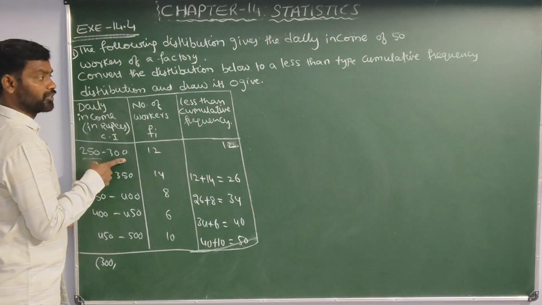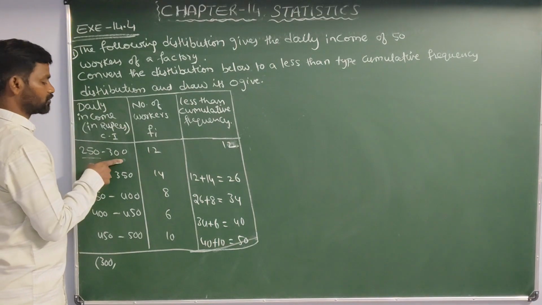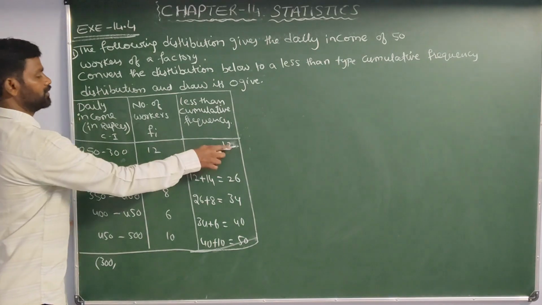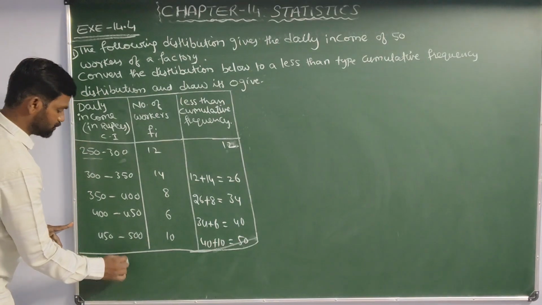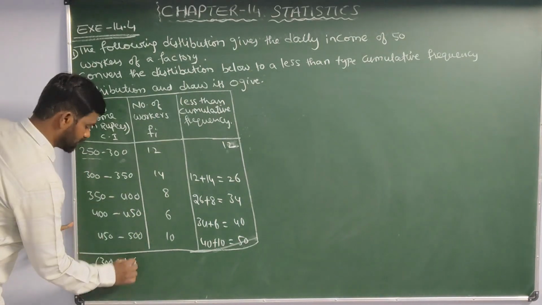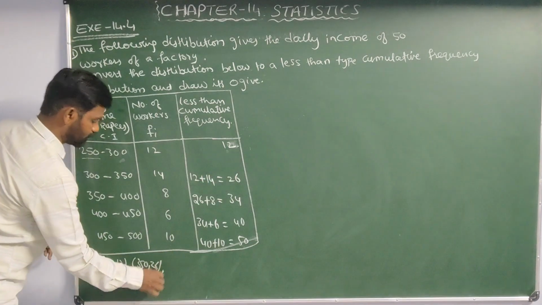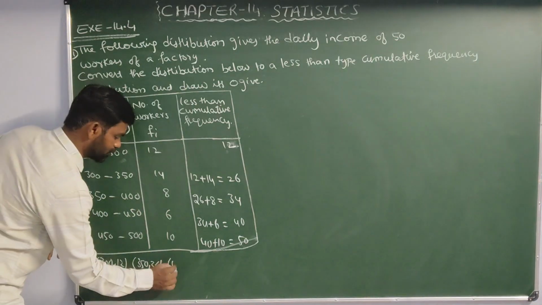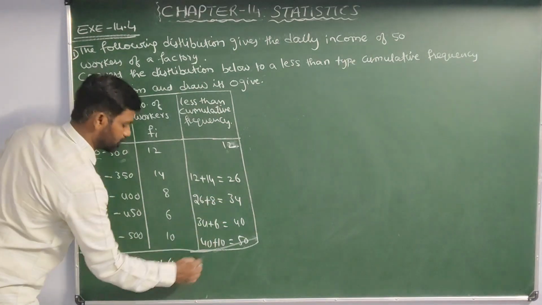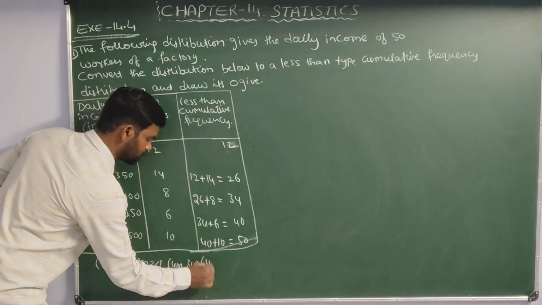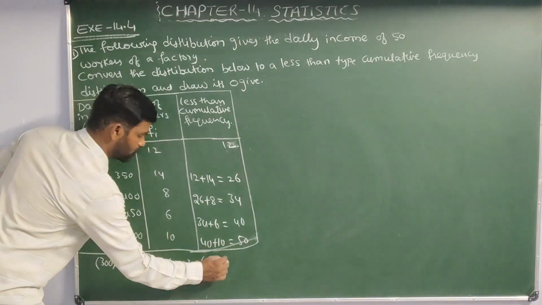For less than cumulative frequency, we have to take the upper boundary and this value. So that is 300 comma 12. Next 350 comma 26 cumulative frequency. Next 400 comma 34. Next 450 comma 40.